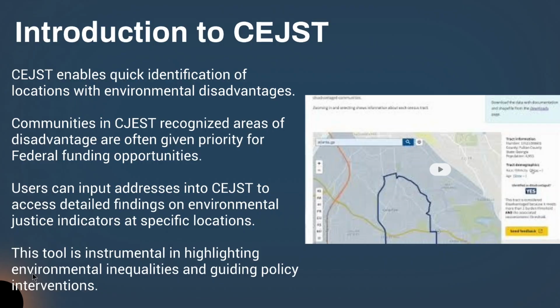Users can input addresses to access detailed findings at specific locations. So if you wanted to know exactly at this address or exactly at that address what the data suggested or what the data showed their environment was like, then you can do that as well.